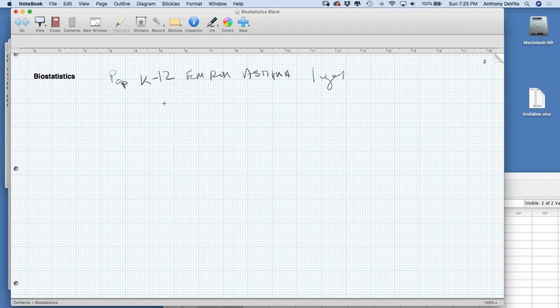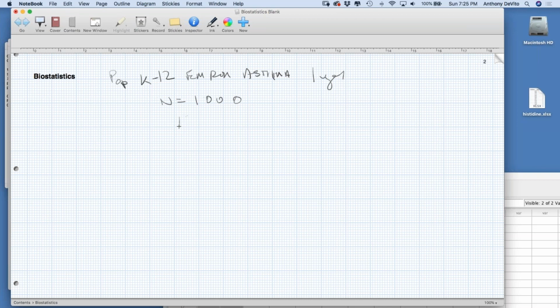So let's say that, for instance, we don't have the resources to go and survey every kid in these schools. So we randomly sample 1,000 children. Let me make a number up here.